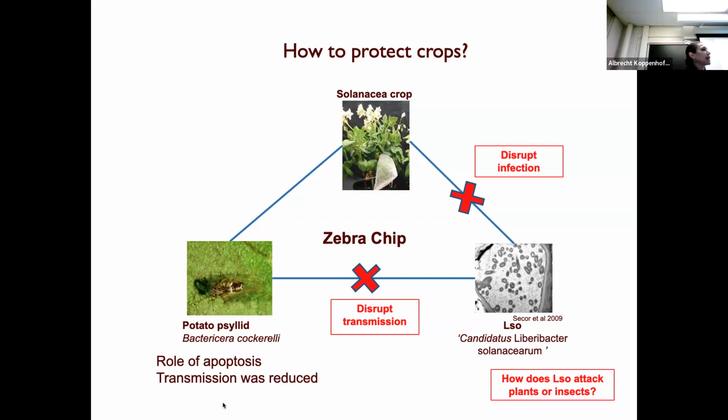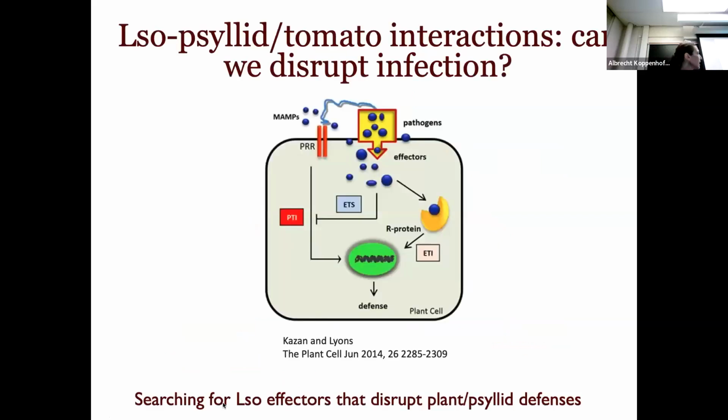And I told you that pathogens use effectors to do so. So now we are looking for LSO effectors. Here I have a little diagram showing what an effector is. Effectors are these blue balls. Those are proteins that are produced by the pathogens, and they are secreted directly into the host cell, and those effectors will interact with different proteins, and they have the ability to stop defenses.